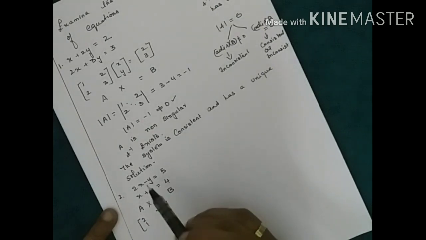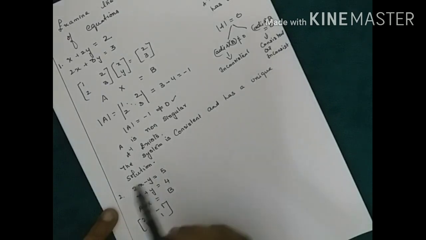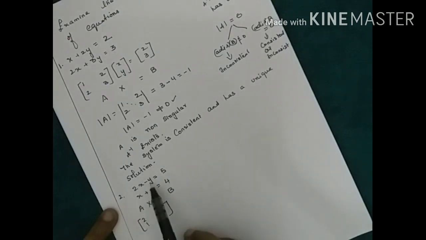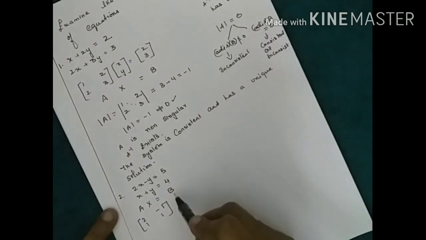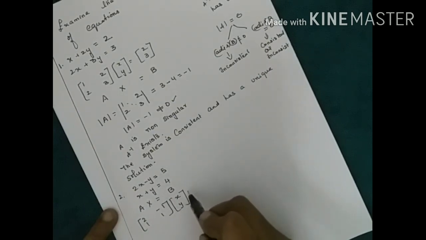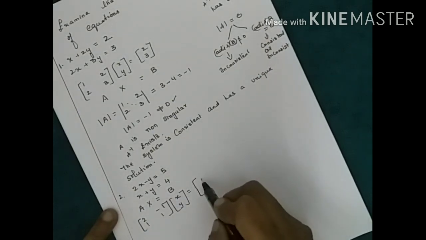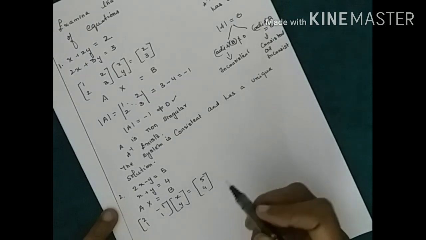That means we are writing the coefficients of x and y. x coefficient is 2, minus 1 for y. Then coefficient of x is 1. Coefficient of y is 1. Matrix X is the variables x, y. Then matrix B is 5, 4.